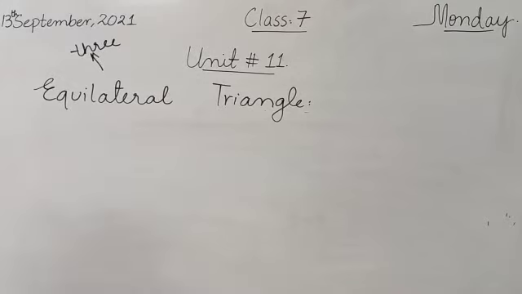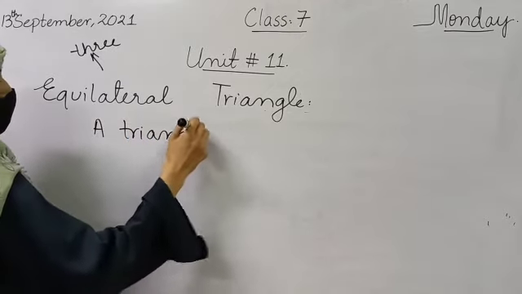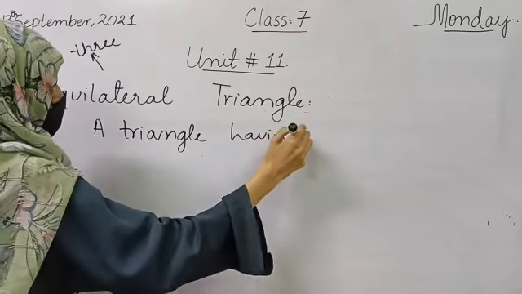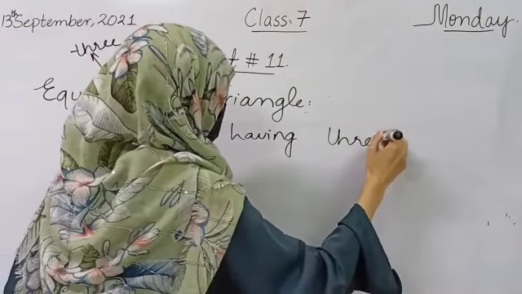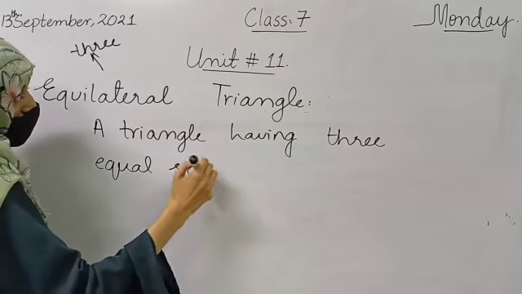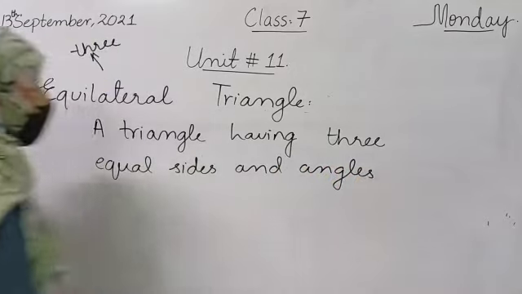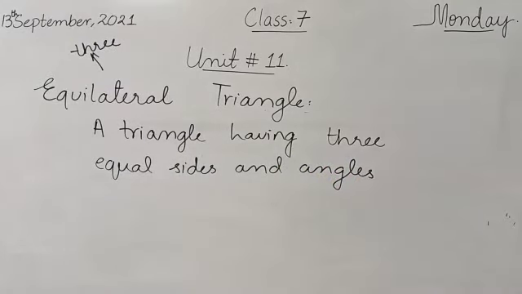A triangle having three equal sides and angles. Okay, angles and sides of a triangle are equal in this triangle. Is it clear? In an equilateral triangle, all angles and sides are equal and they are of 60 degrees.